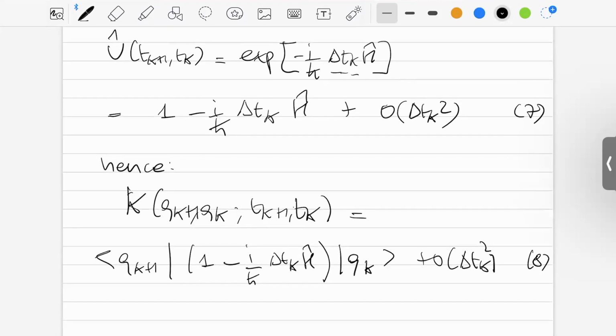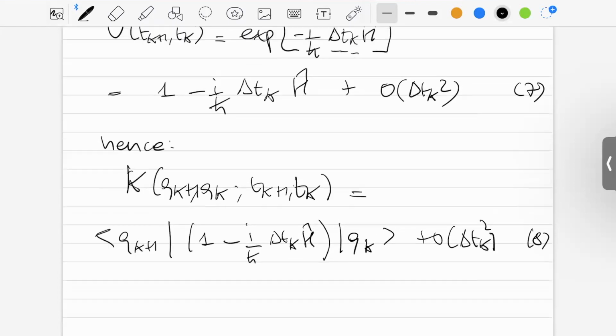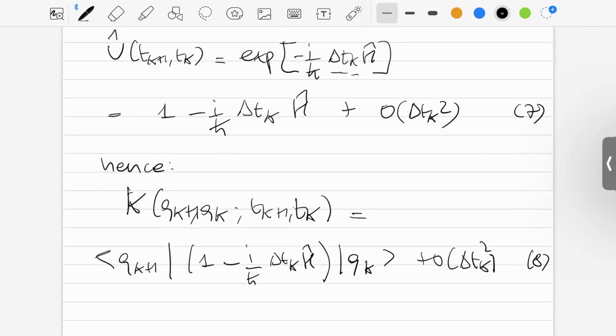So far so good. We just did very logical steps.